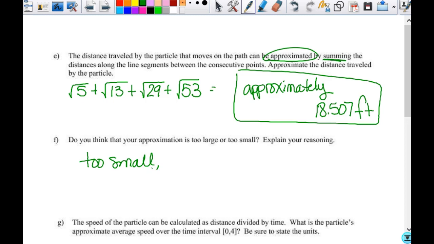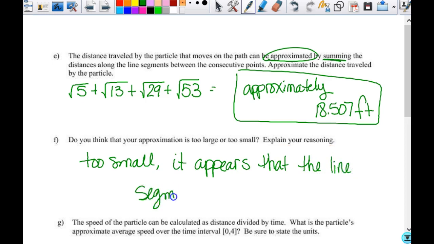It's too small because it appears that the line segments are shorter than the curves. Because this is kind of a what do you think question.